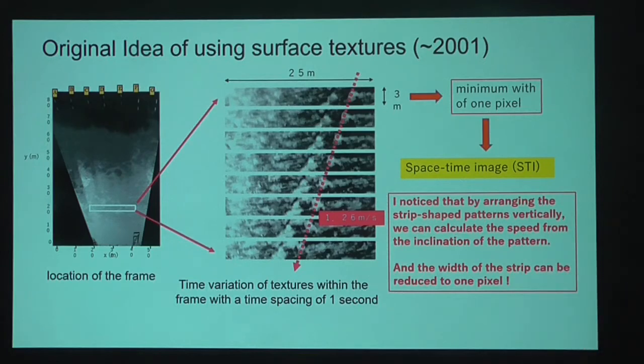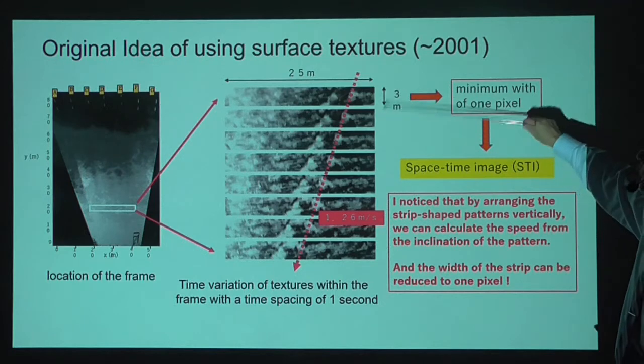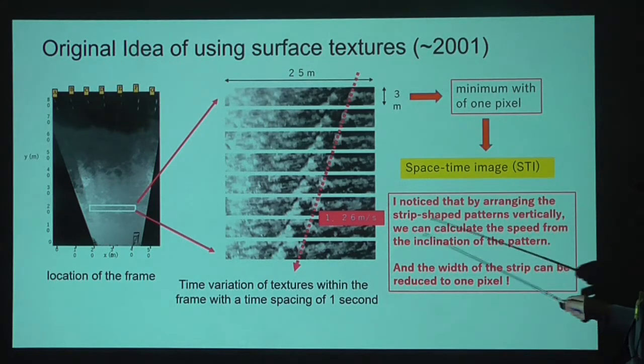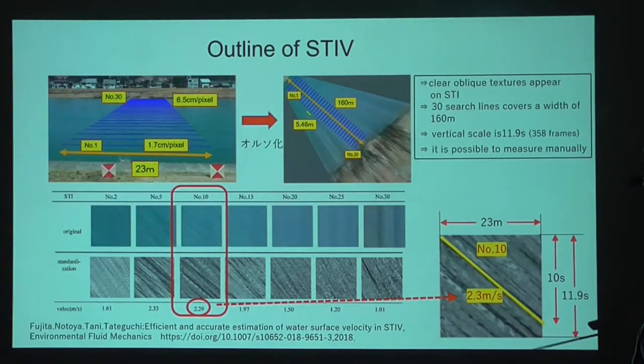But to consider, we can say that this width of 3 meters can be reduced to 1 pixel. So I noticed that by arranging the strip-shaped pattern vertically, we can calculate the speed from the inclination of the pattern. This is the original idea of the space-time image velocimetry.